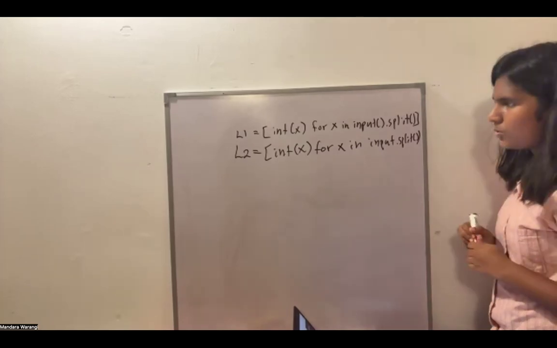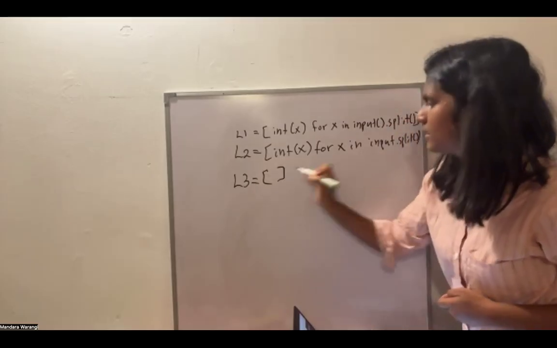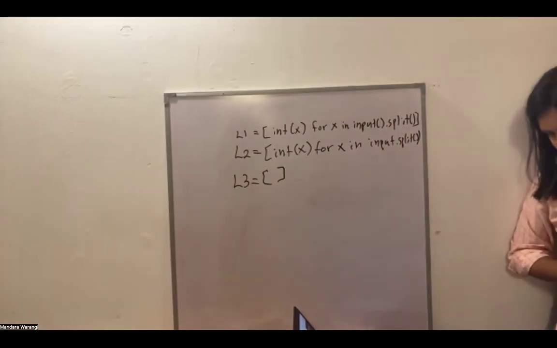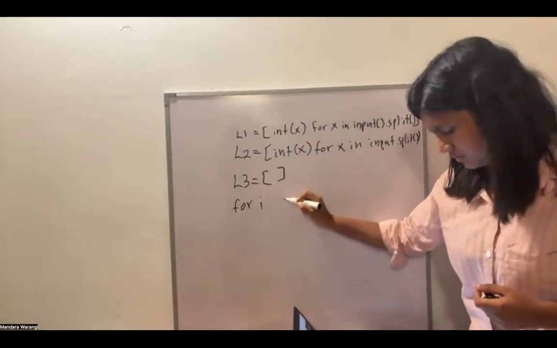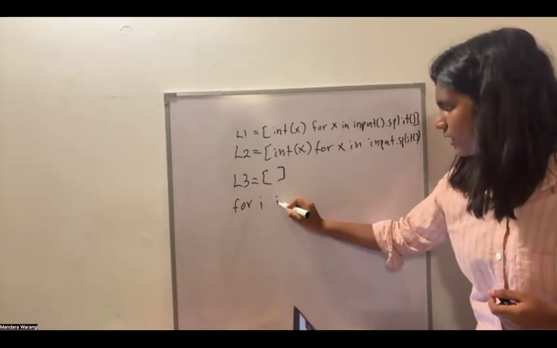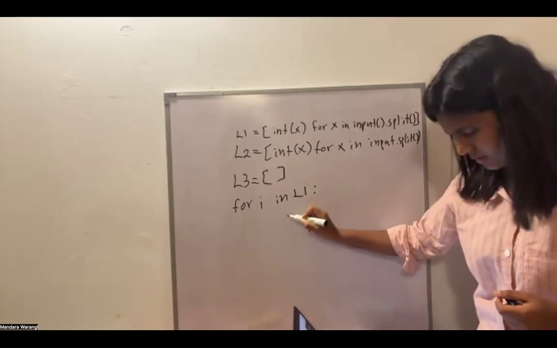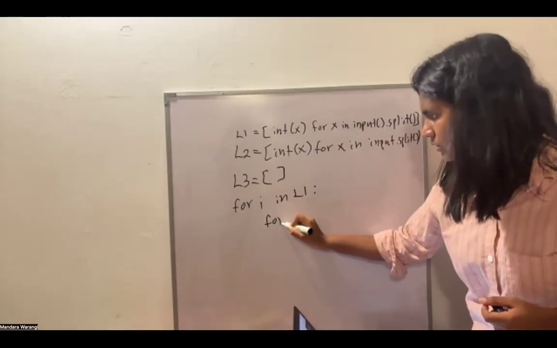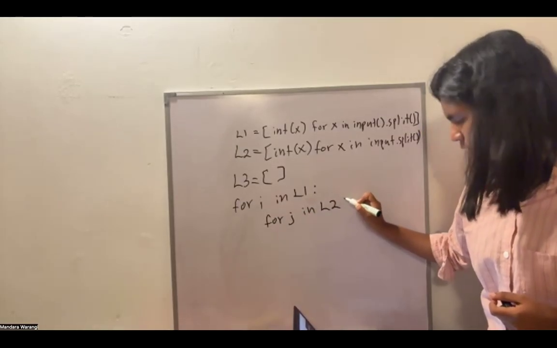Then you have an empty list called L3. Then we have for I in L1, for J in L2.